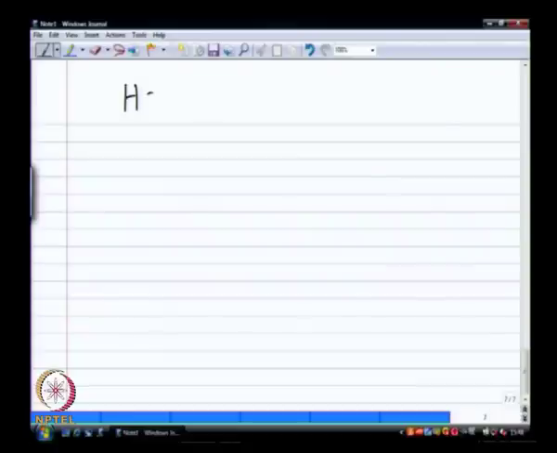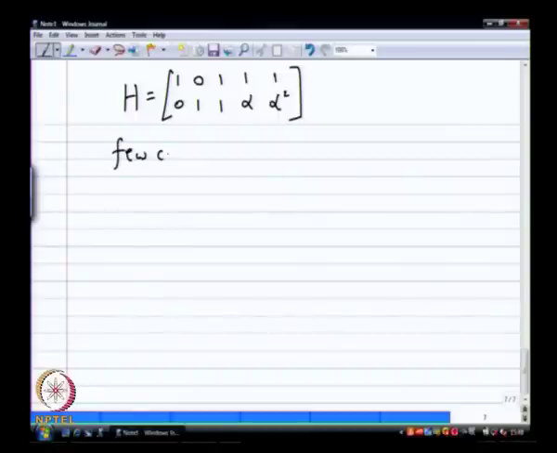So once again let me produce the H. Okay. So few code words. So it is easy to write down the message bits first and then ask you for the code.